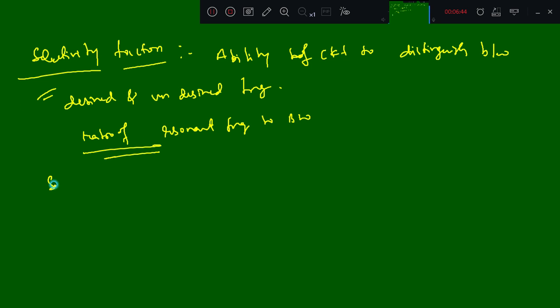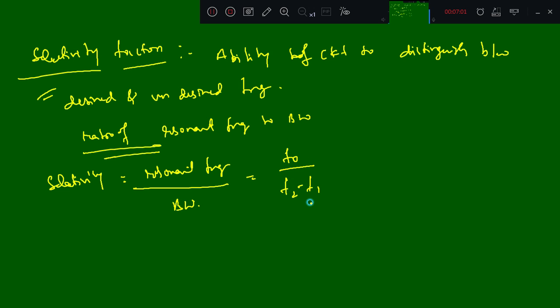So selectivity is equal to resonant frequency divided by bandwidth, which is f0 divided by f2 minus f1.